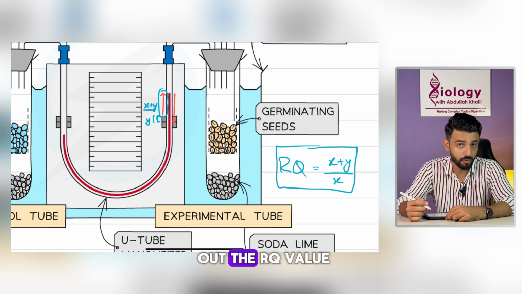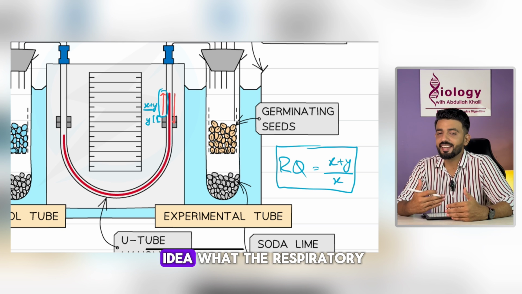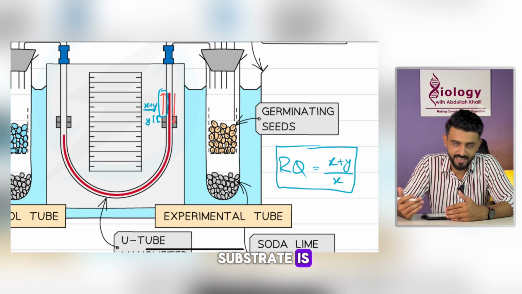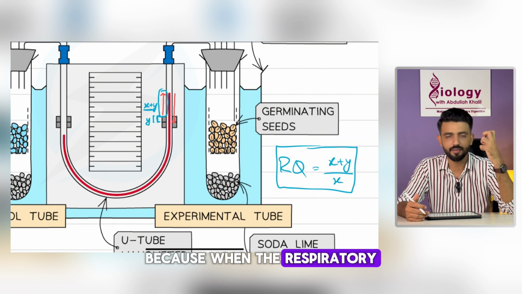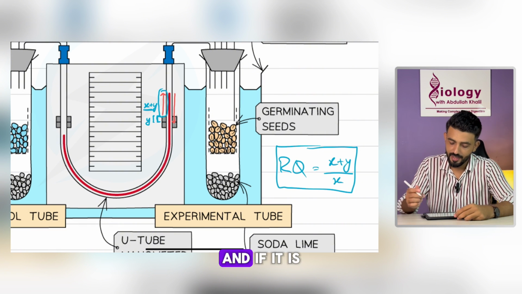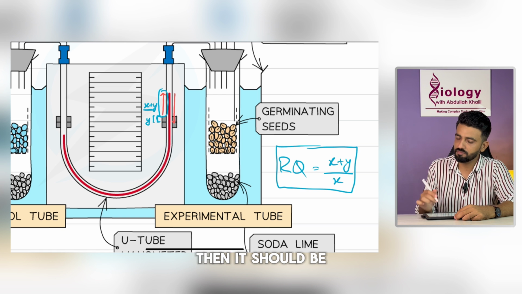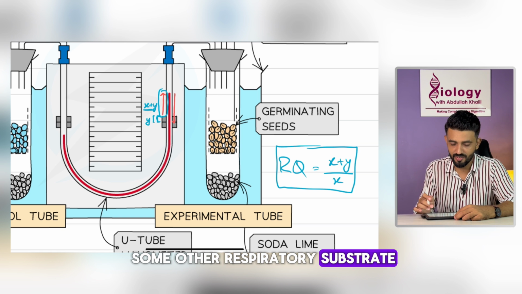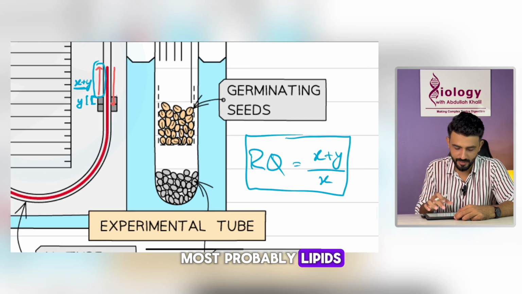And when you find out the RQ value, you can get an idea what the respiratory substrate is. Because when the respiratory substrate is carbohydrate, we know that the RQ value should be 1. And if it is less than 1, then it should be some other respiratory substrate, most probably lipids.